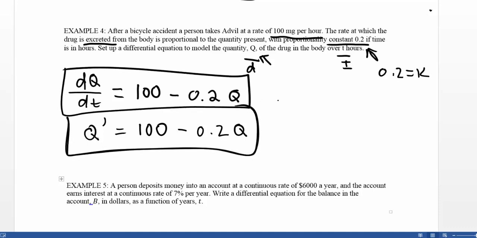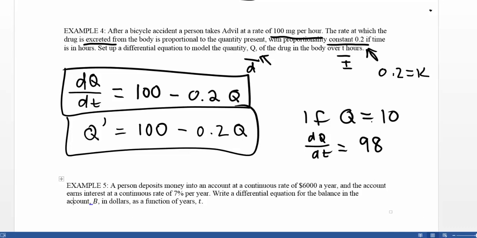So for example, if Q equals 10, then if there's currently 10 milligrams of this drug in the body, dQ/dt would be 98, because it would be 100 minus 2. Now 98 means that we are increasing the milligrams of drug in the body by 98 milligrams every hour when Q equals 10. So that's increasing because it's a positive number.